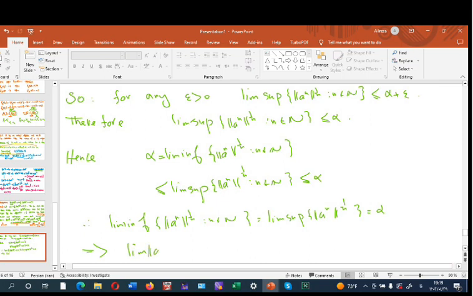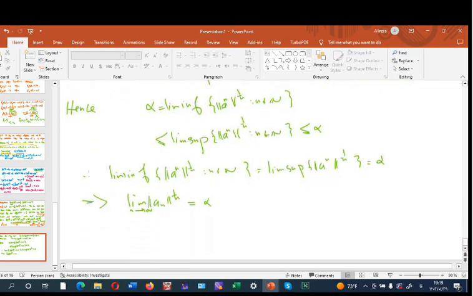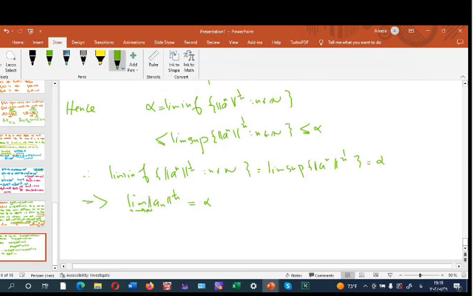You know that the limit of a sequence equals alpha if and only if the limit infimum of this sequence equals the limit supremum of this sequence, equal to alpha.